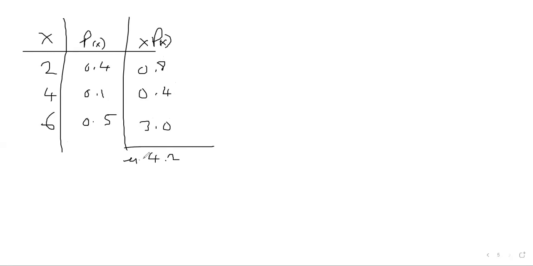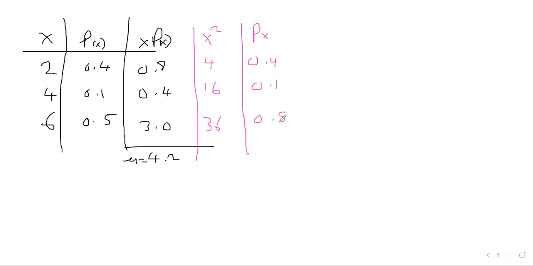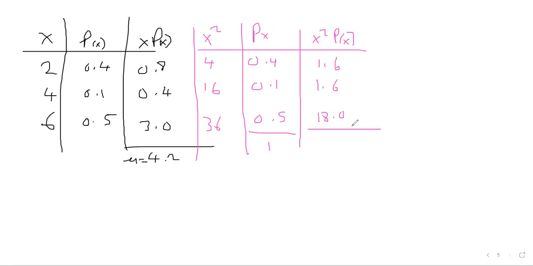This is what we call the mean. All right. Then you go here, you square the values of x: 4, 16, 36. You bring back the probabilities: 0.4, 0.1, 0.5. The probabilities must always add up to 1. So let's multiply again now to find the variance. This by that, x squared px. So this by that is 1.6. This by that is 1.6. And this by that is 18.0. So it's 21.2.